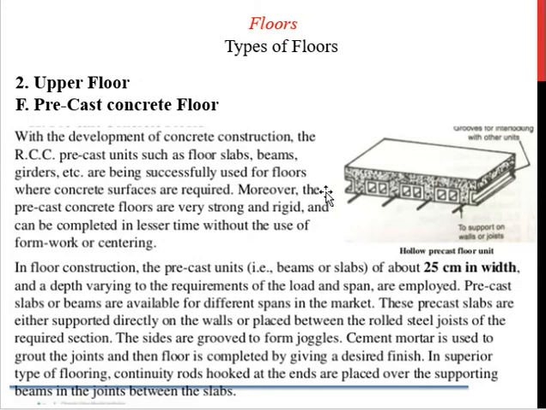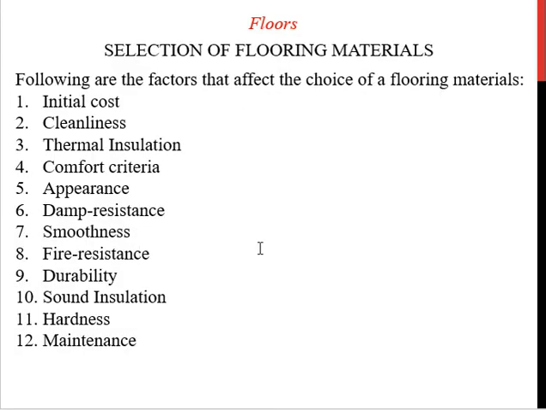That saves a huge amount of time during construction, because constructing these concrete floors on site takes a lot of time. So if we could construct these concrete floors at some other place and assemble them at the site, then this saves a huge amount of time. Such types of concrete floors are also available, and we can go for them for the upper floors.